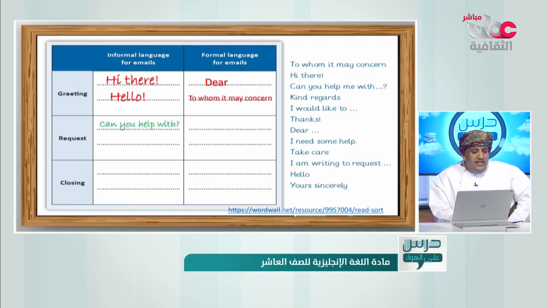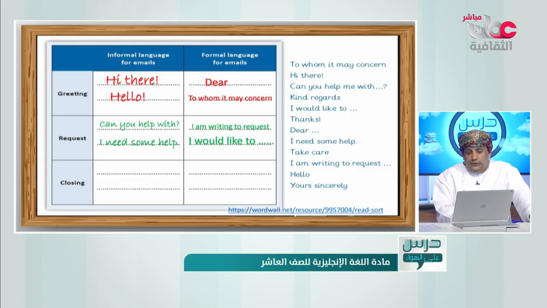For the request, we said, can you help with? Or I am writing to request. Here we have, I need some help in the informal, but we said, I would like to. For closing, we said, take care or thanks. But for the formal, we said kind regards and yours sincerely.